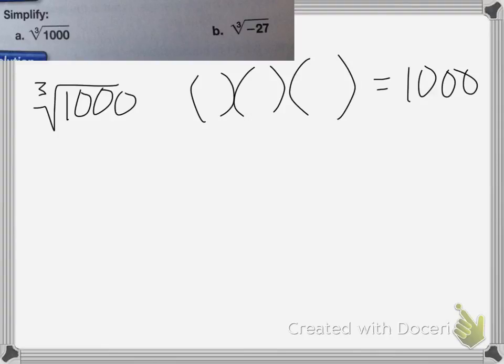I have to figure out what three numbers that are the same multiplied together equals 1,000. In this case, it's going to be 10, because 10 times 10 times 10 equals 1,000. So the cube root of 1,000 is equal to 10.